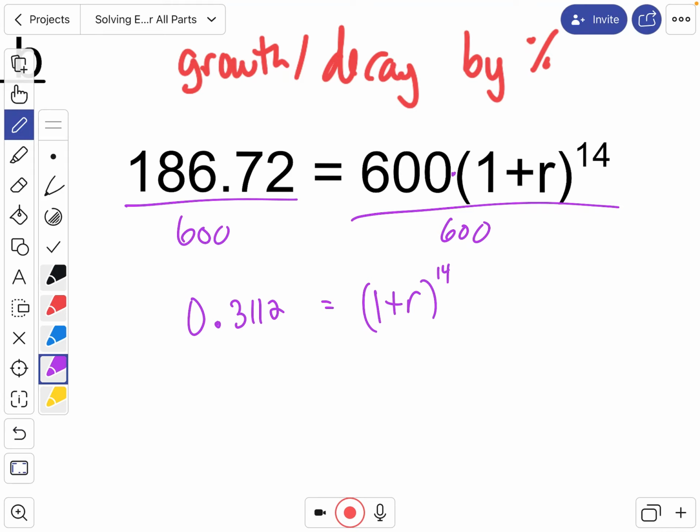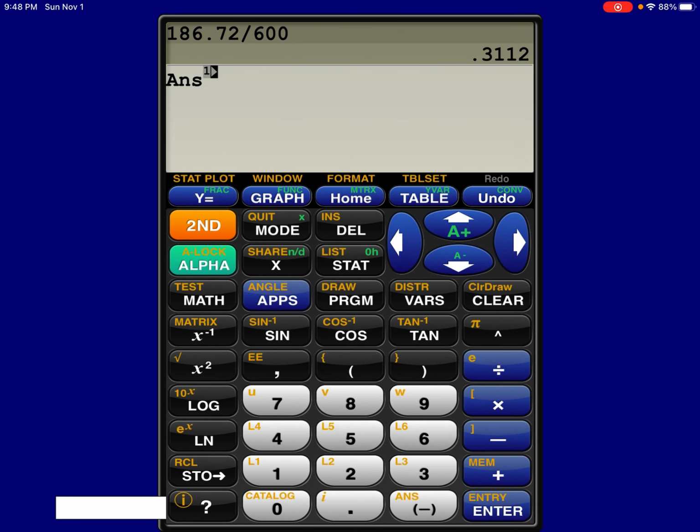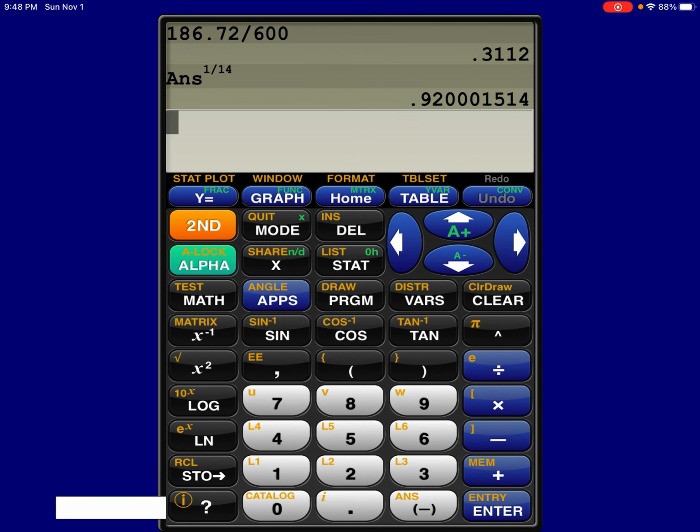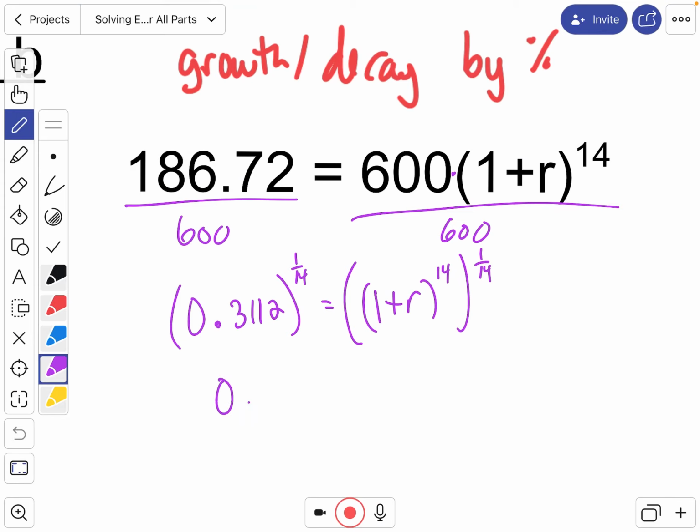So we are going to cancel out that 14th power by doing the 1/14th power or the 14th root. However you like doing it, they're the same thing. So I'm going to take that number to the 1/14th power, and I get 0.92000 equals 1 plus r.